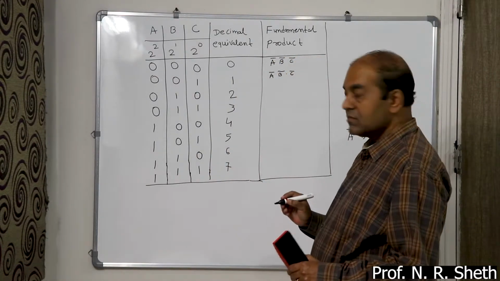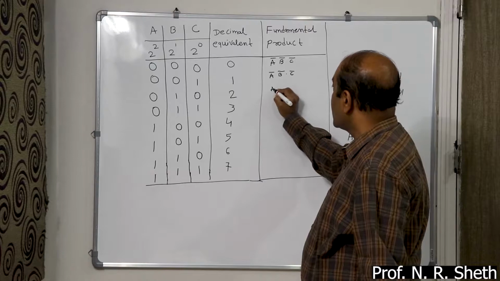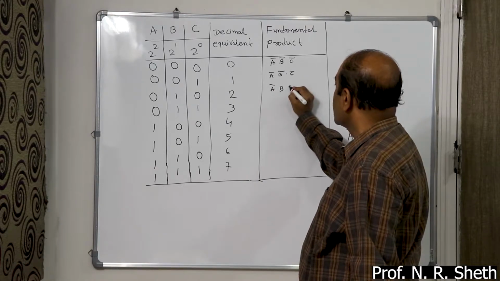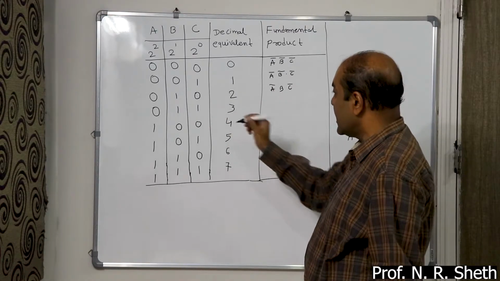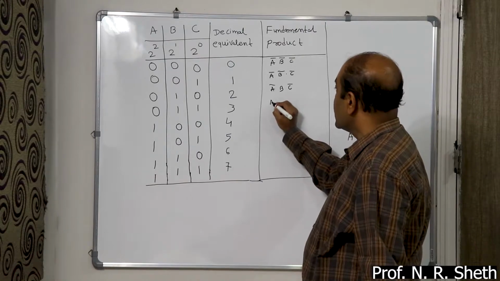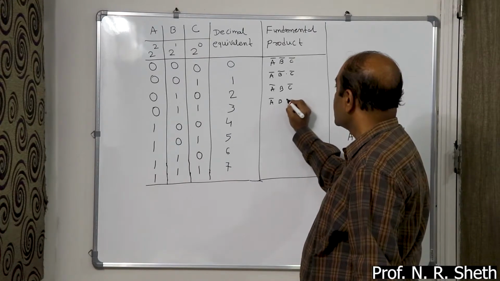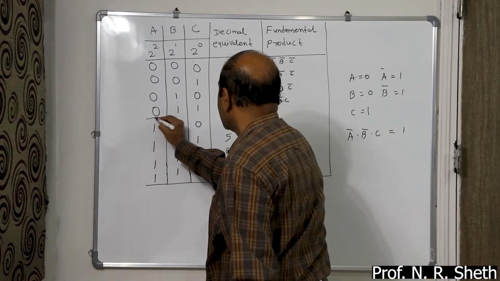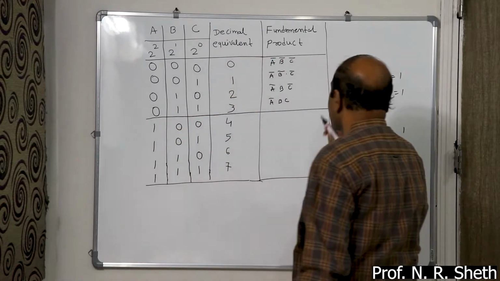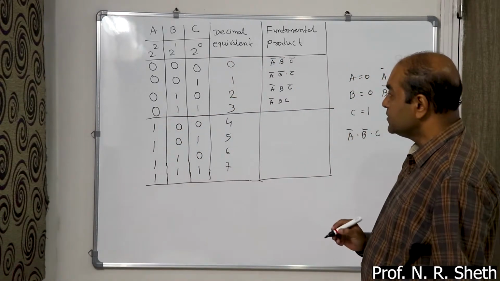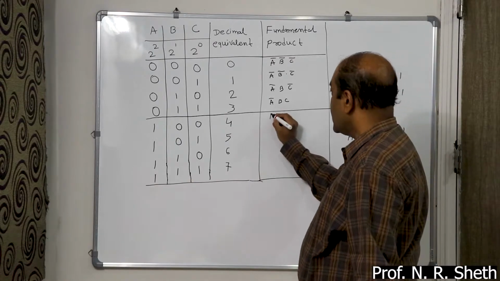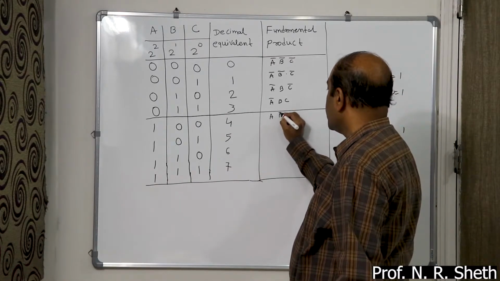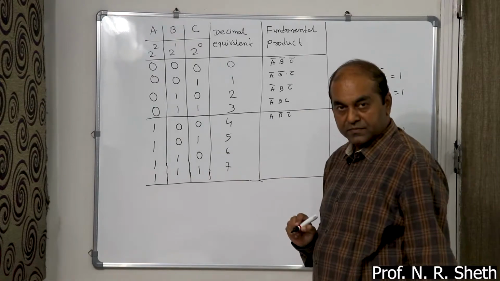Next, A bar, B, C bar. Next, A bar, B, C. Now A, B bar, C bar.